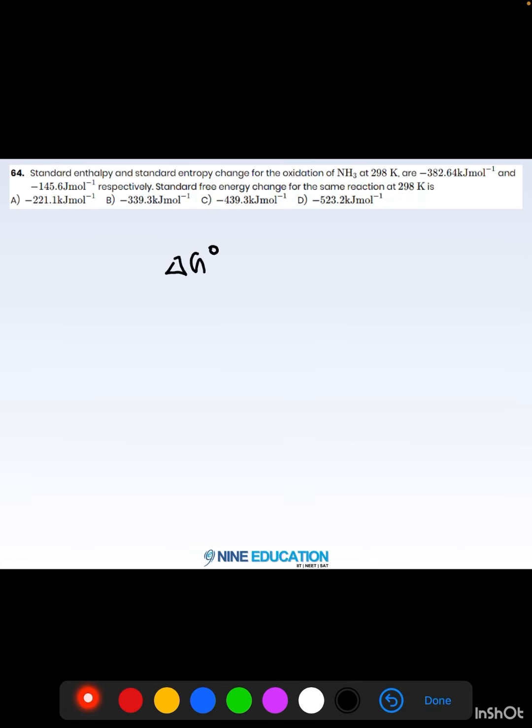Delta G naught will be equal to what? Delta H naught minus T delta S naught. Everything is given at the standard condition. We just simply need to put the values here. So delta H naught's value will be minus 382.64, which is given in kilojoule, and the options are also asking about kilojoules only. So minus T, whose value is given as 298, and then we are having delta S. Delta S's value is given as minus 145.6 joule.